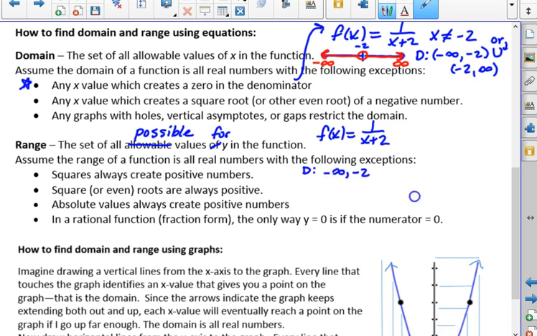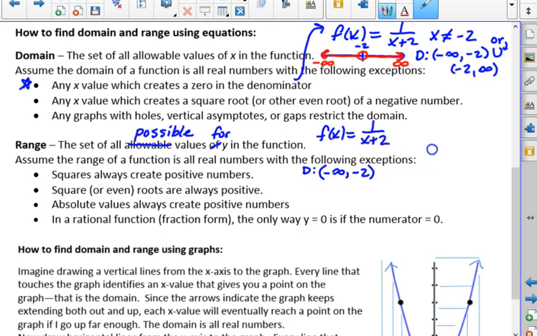So in my domain here, I have -infinity to -2. So if I put any of those values into the function, so like -3, -4, -5, anything, I'm going to end up with 1 over a negative number, because the x is going to be a number that is more negative than 2 is positive. So like -3 plus 2 is -1, for example. So I'm going to end up with a negative number.